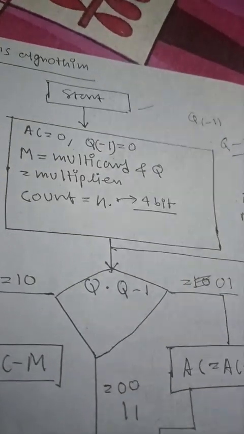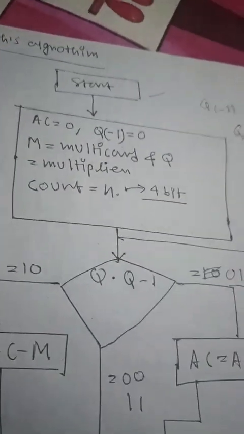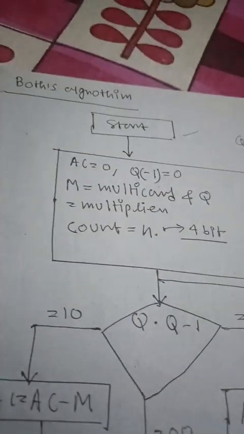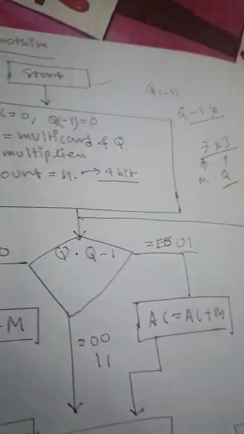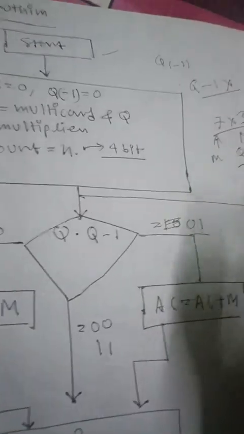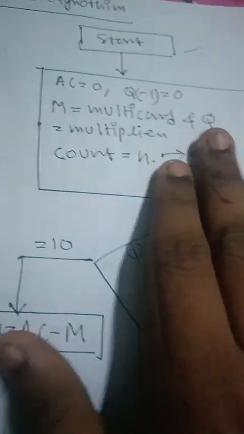By default, if nothing is given, we assume that n is 4, because in the majority of questions it will be 4 or 5, but to be safe we generally consider it to be 4 if the question doesn't mention how many bits are given. I hope you understand this point. Here we are doing initialization: M is the multiplicand, Q is the multiplier, count is n, and it's done. You don't have to write this 4 bit in the flowchart, just exclude that, the other things will be the same. So at first, see the flowchart completely.